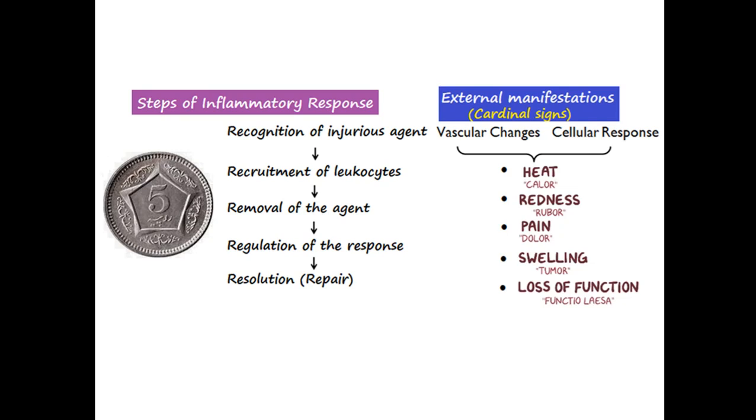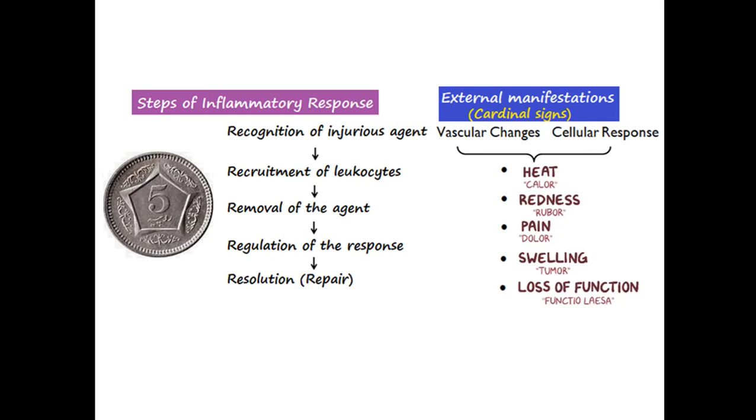The 5 cardinal signs are heat, calor, redness, rubor, pain, dolor, swelling, tumor, and finally the loss of function. These are the cardinal signs of inflammation, and they are mostly asked in exams.